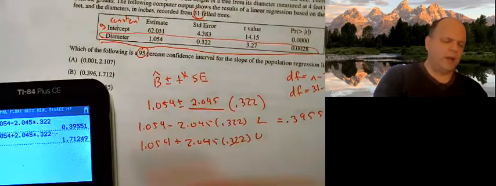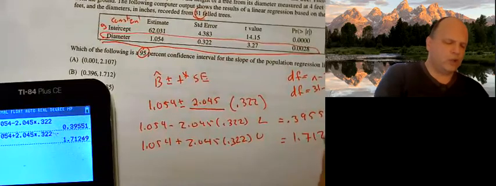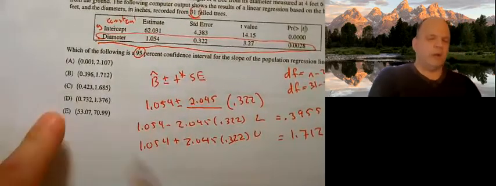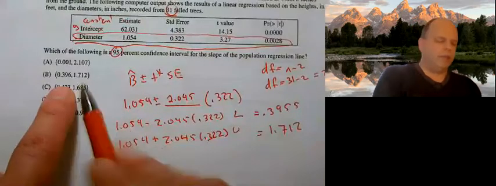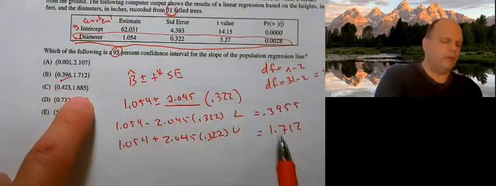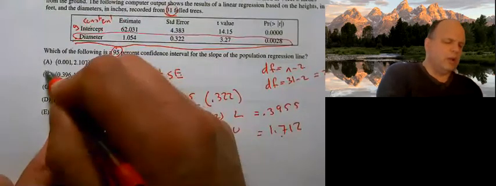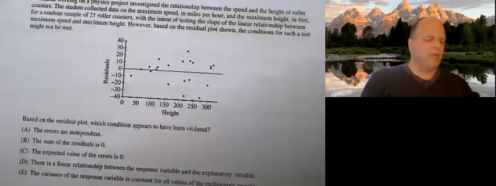We get an upper bound of 1.712. So my answer choices are 0.3955. That looks pretty good for the lower. 1.712 for the upper. 33 is B. All right. Moving on to 34.